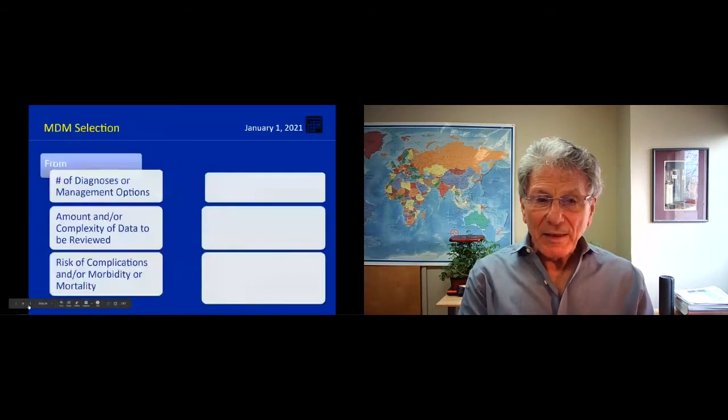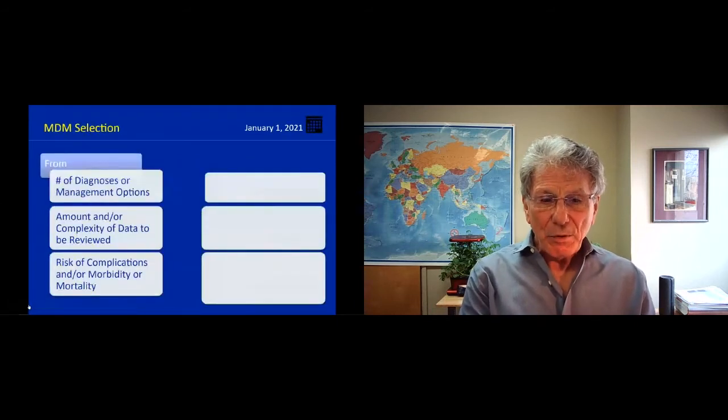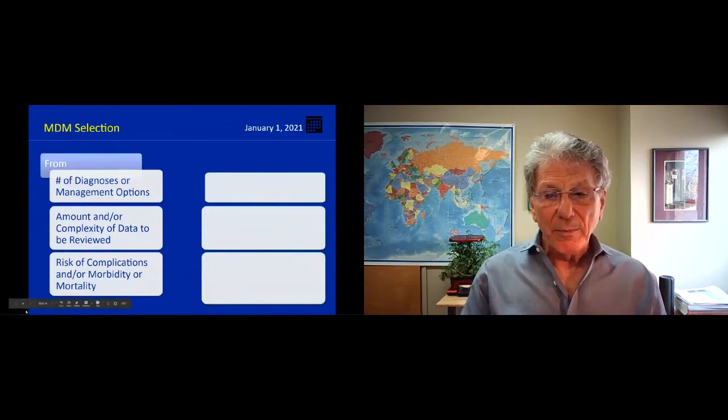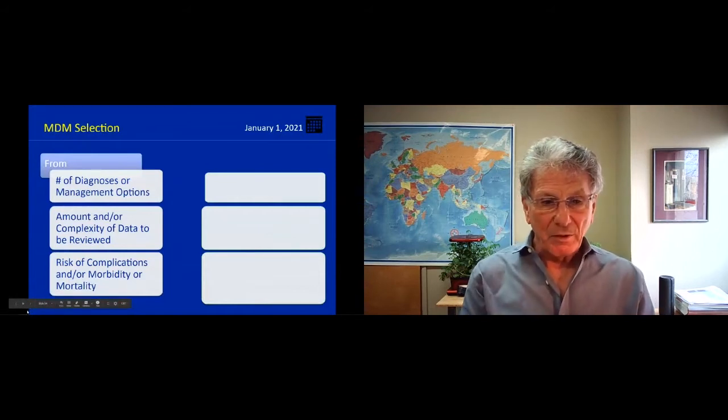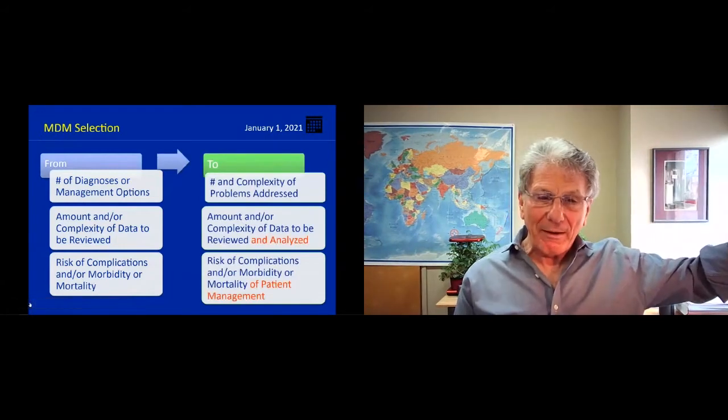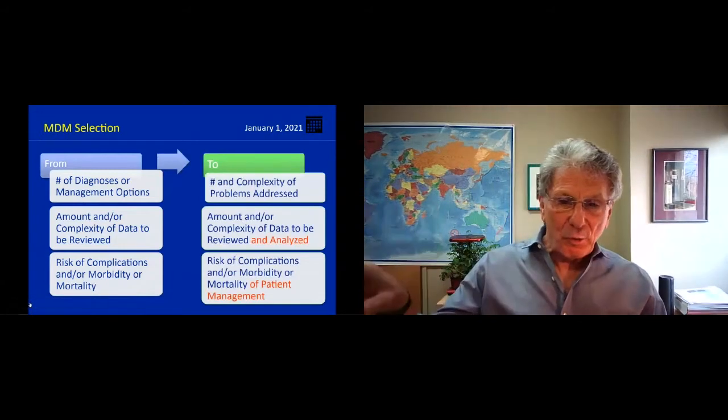Okay, now the next thing that's changed is that if you don't use time, you have to use what's called medical decision-making. So medical decision-making is based on three different things. There we go, okay. And so from what used to be the old definition of medical decision-making, to the new definition.